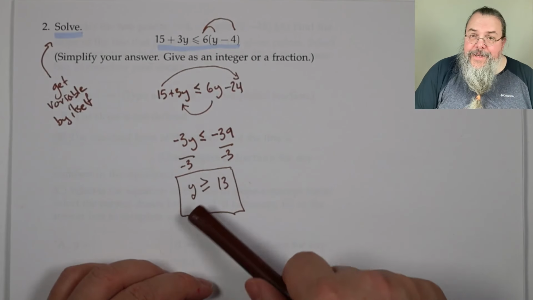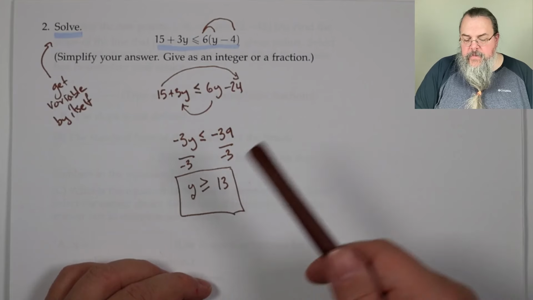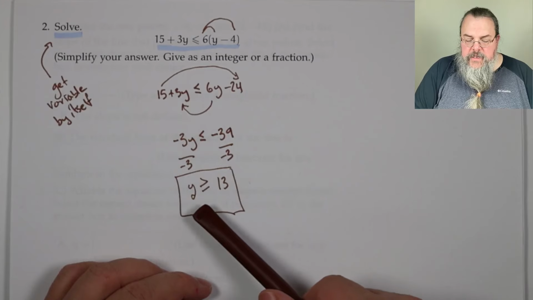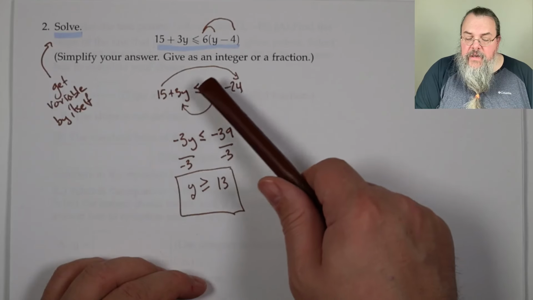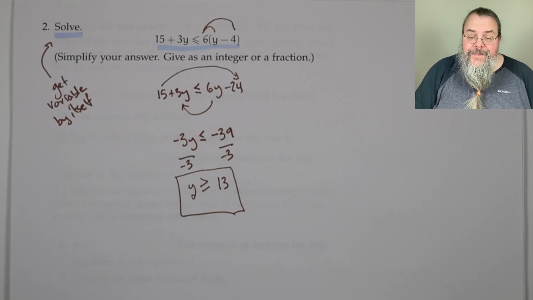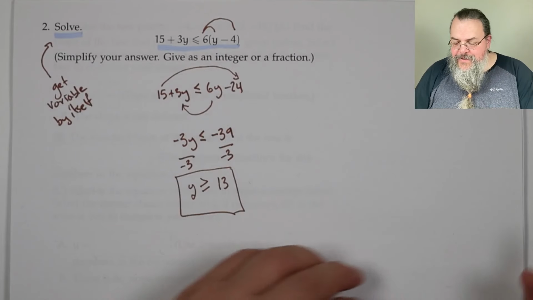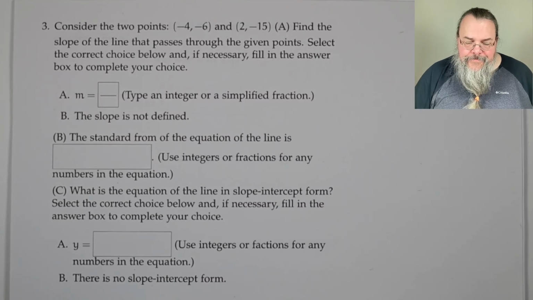And if you pick a number bigger than 13, something like, well, let's say 20. 15 plus 60, and compare that to 6 times 16. Well, yeah, the inequality is true. So that's good. All right, we can solve inequalities.